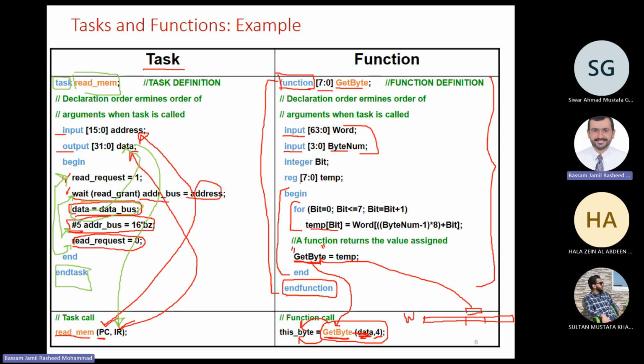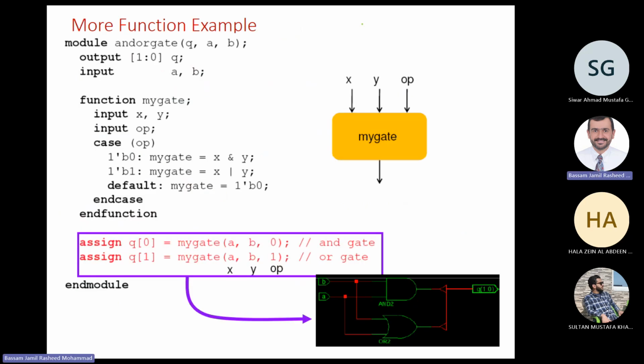Okay, so again, the task and function, these are routines and subroutines that are used in my code to code things that I repetitively access or repetitively execute. These are examples of how to use functions. You can look at them.